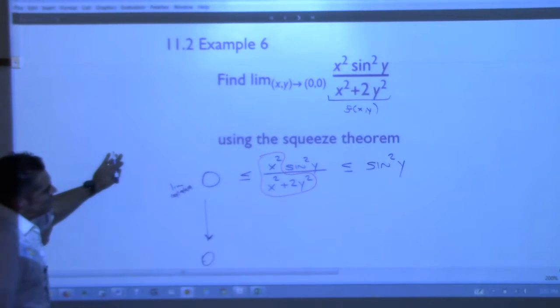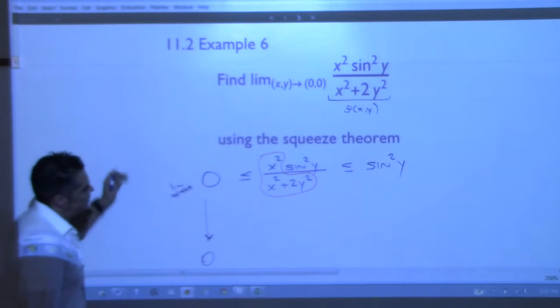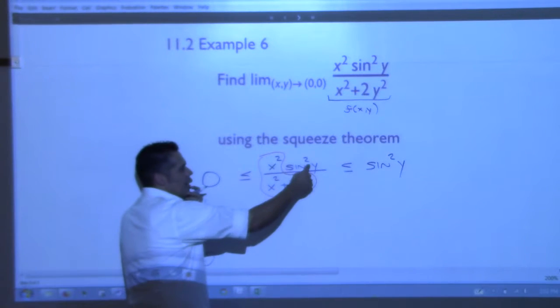I'm tempted to, but I'm skeptical. Well, because we already said the bottom's bigger, right? It couldn't be because then this is always less than 1, and x squared is quite big. The problem is the sine squared y.